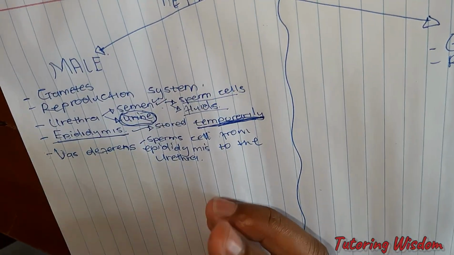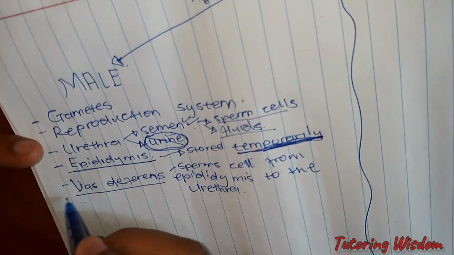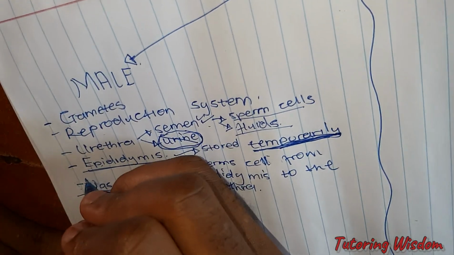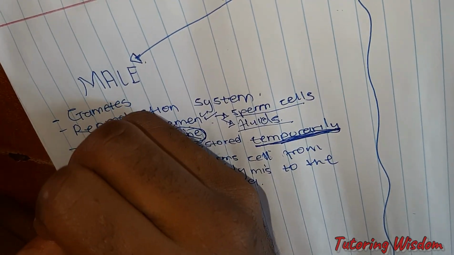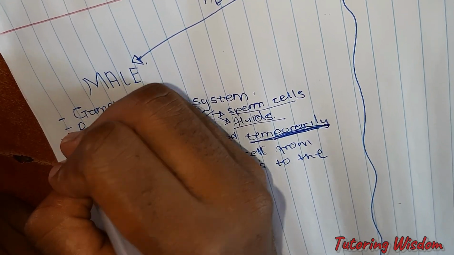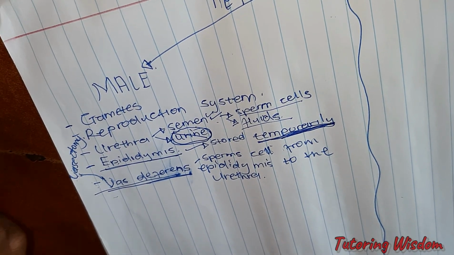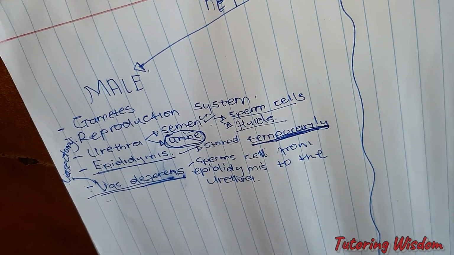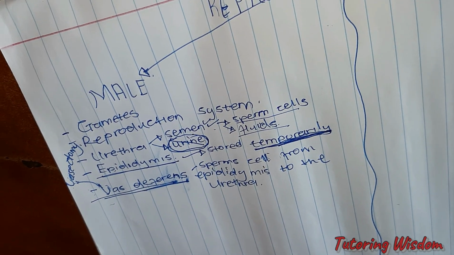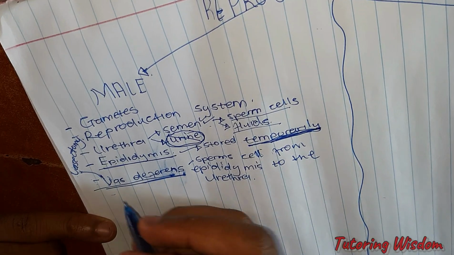So what you need to know for a test or exam concerning the vas deferens is that the vasectomy is done on the vas deferens. A vasectomy is done so that the male does not produce offspring.